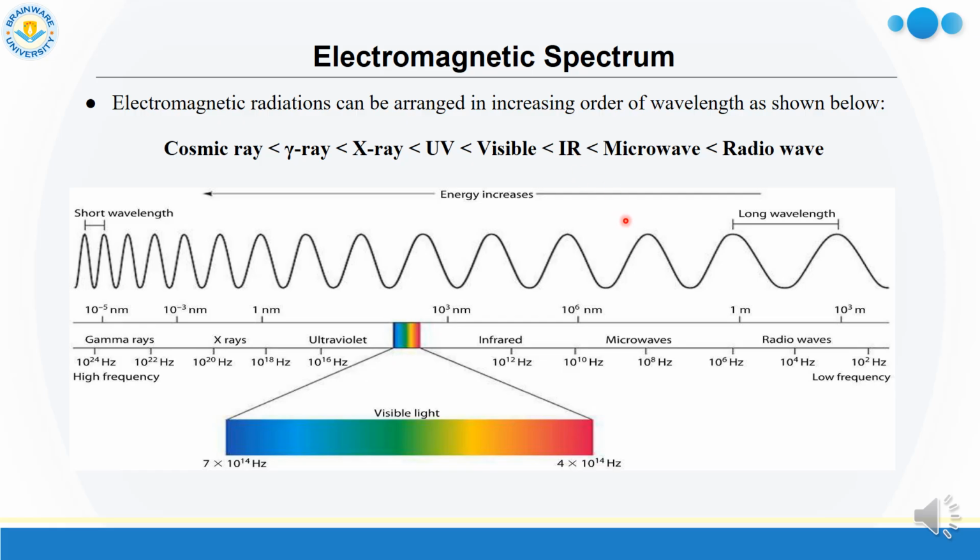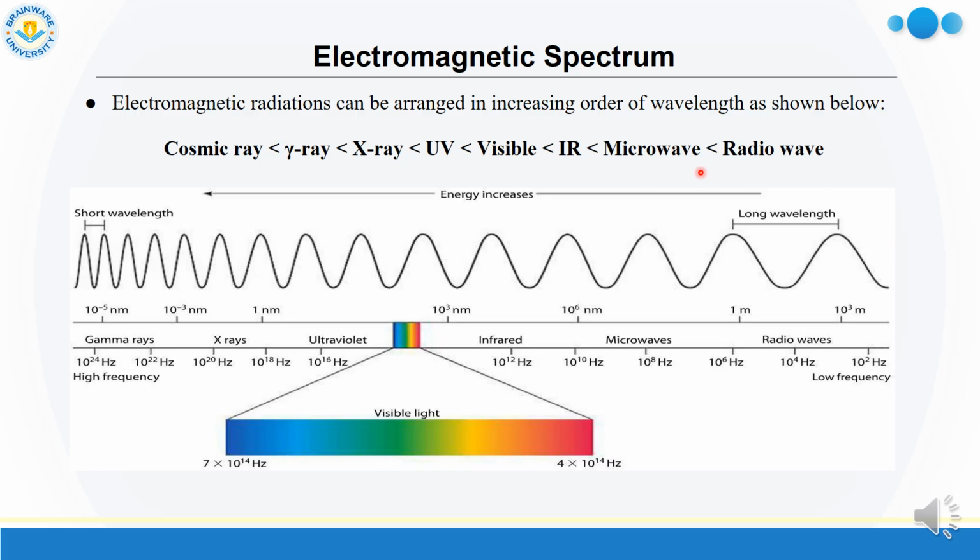Now, this is a picture of the electromagnetic spectrum. You all know different kinds of light like cosmic rays, gamma rays, X-rays, UV, visible, microwave, IR, radio wave, etc. As in the previous slide, you have seen energy is inversely proportional to the wavelength. So, in this picture, see at the right hand side, there are longer wavelengths of light.